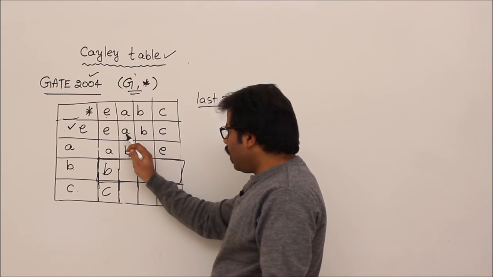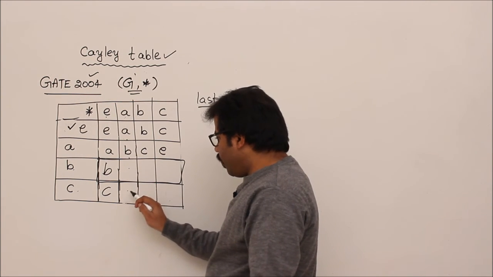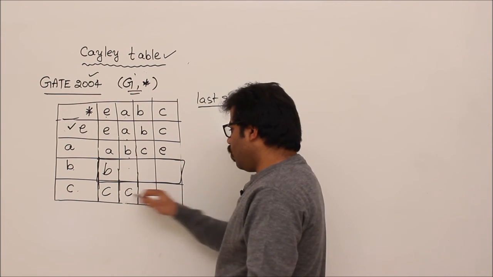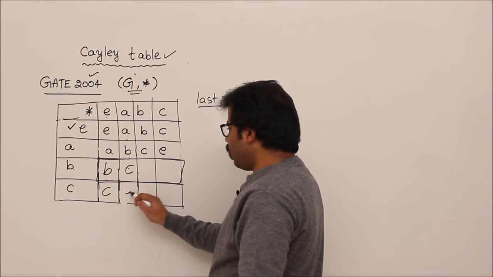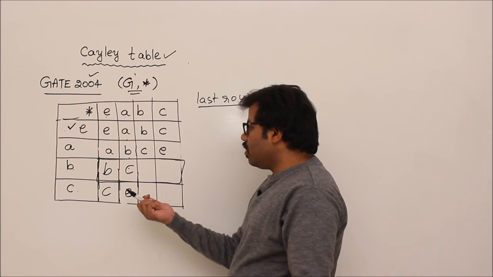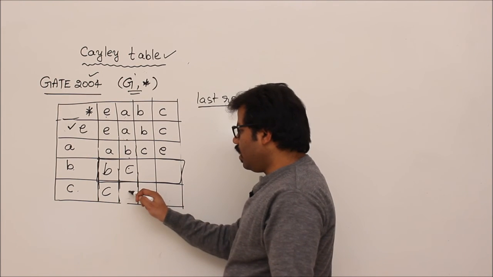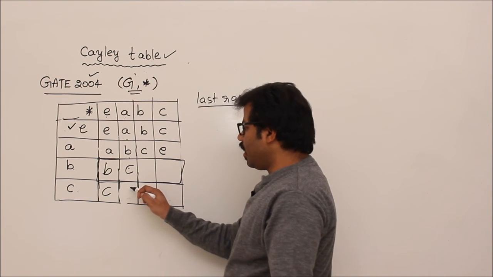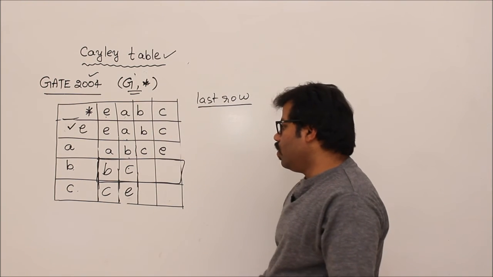So here we have to write, already A and B are written, so we have to write C comma E. If I write C here, what happens? The row will have duplicates, that's why we have to write C here, and E here. Sir, why E? Why not try something other than E? If you write C, duplicate, B, duplicate, A, duplicate, the only possibility is E. That's because a column should not have duplicates.